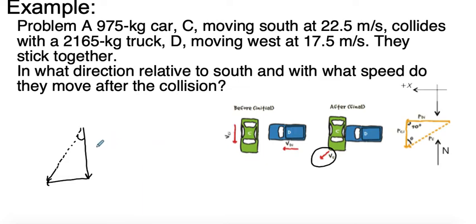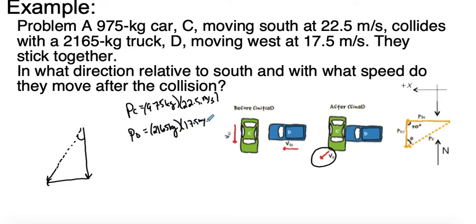So let's find our momentum quantities here. So we have momentum for car C again, and then we have momentum for car D. So this is just going to be mass times velocity. So the velocity is 22.5 meters per second. And then for car D is 2165 kilograms times 17.5 meters per second.